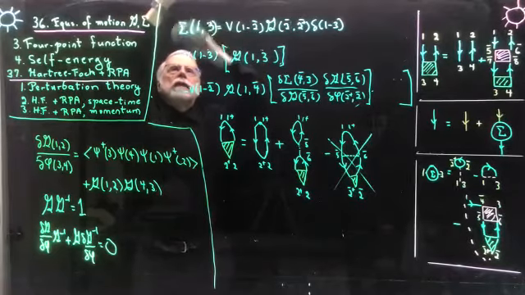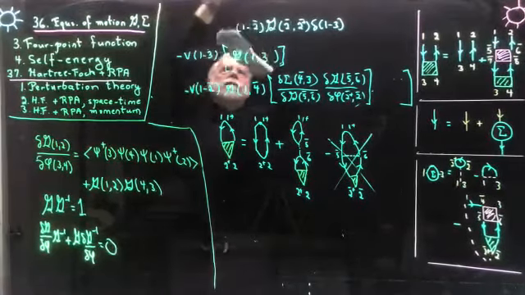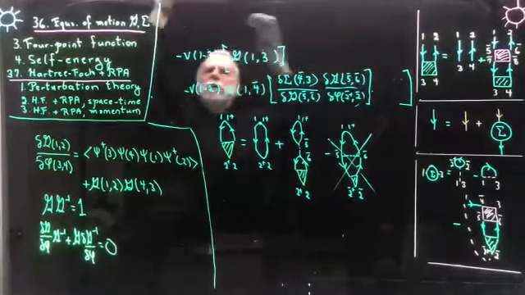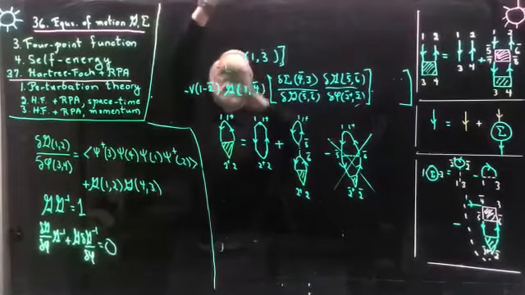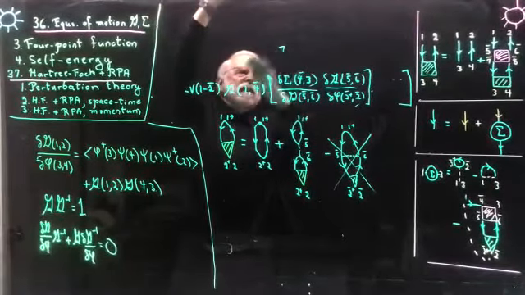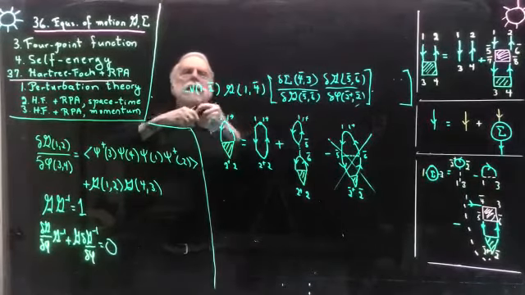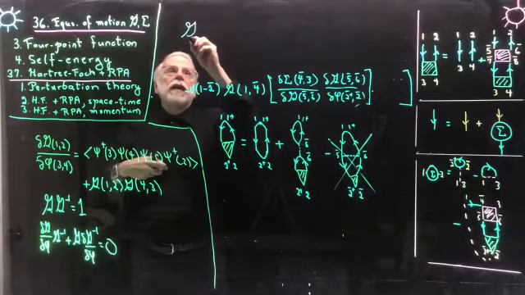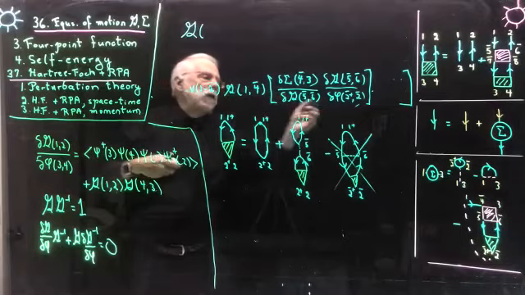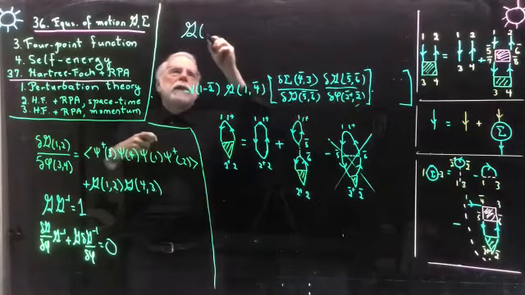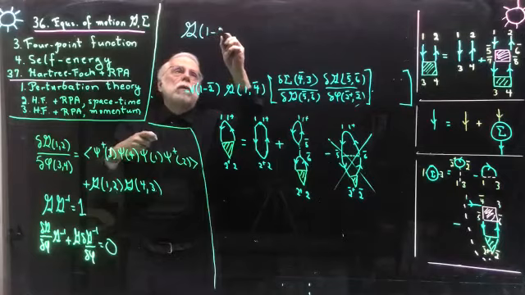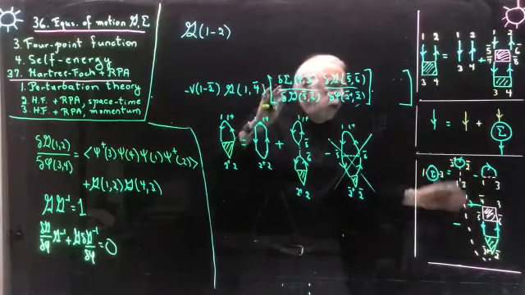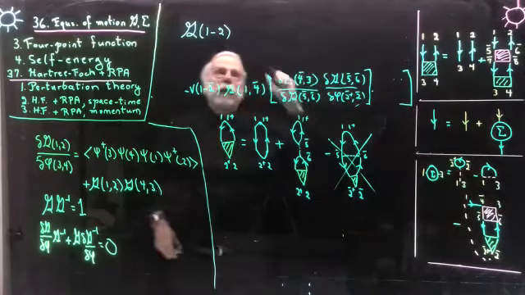So if we do this, then it means, for example, that G of 1 minus 2, now you see, now I put phi equal to 0. I forgot to put the phi's everywhere here, but it would have been a mess. So 1 minus 2, because we have translation invariance, we have these equations we derived with phi, but we can put phi equals 0 at the end. So that's what we're doing now.